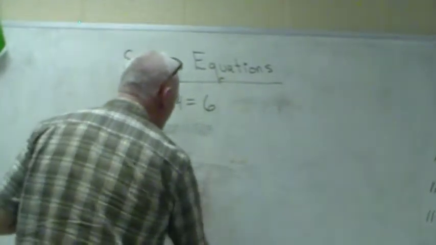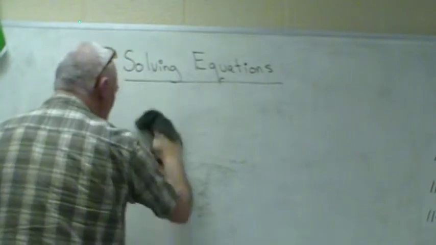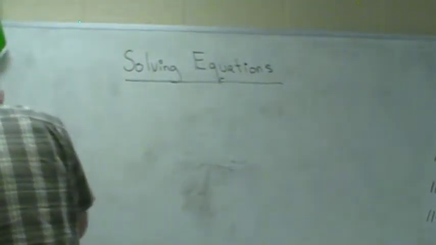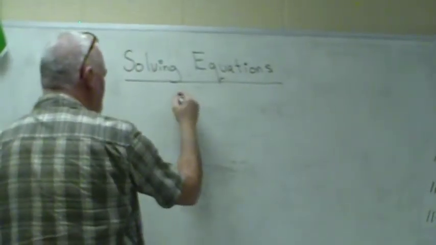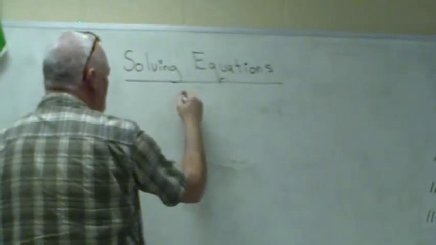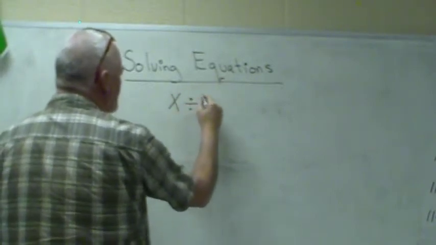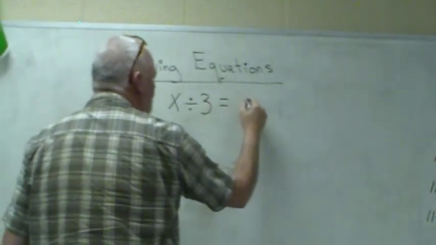And we've already been doing a little bit of it with our proportions, right? We're going to get to see problems like this. Let's say we got x divided by 3 equals 3.